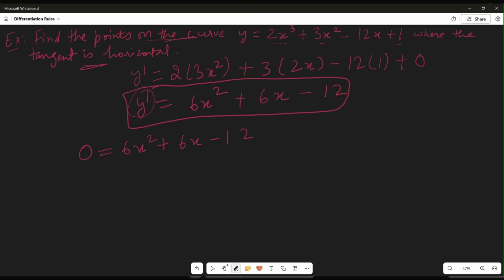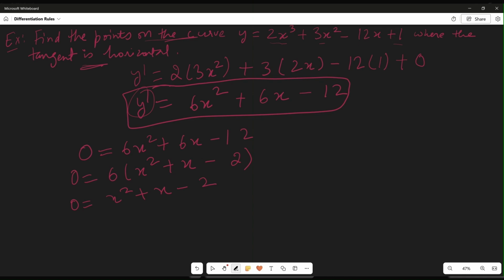Let's just solve this, right? Let's take 6 common here. We are left with x square plus x minus 2, and dividing by 6 on both sides, we end up with 0 equals x square plus x minus 2.